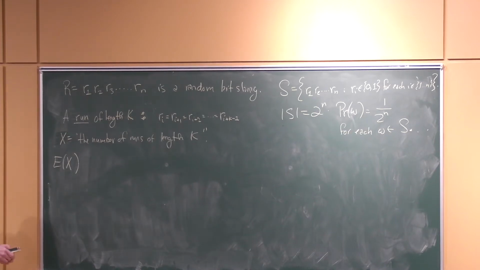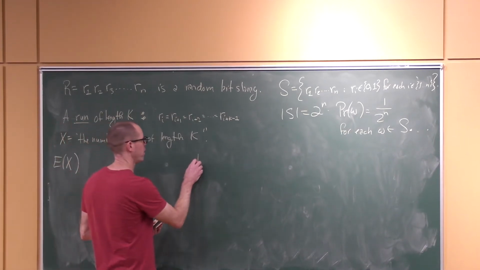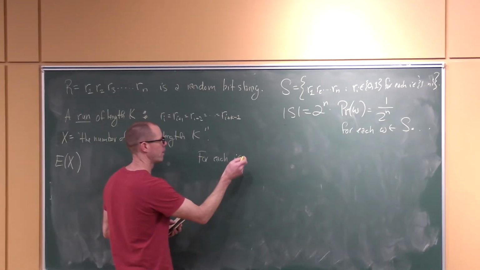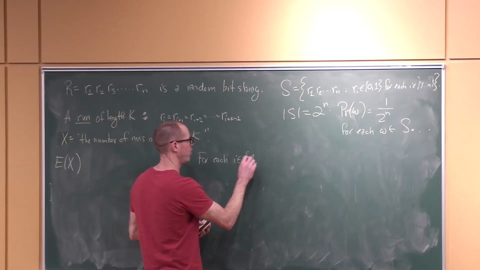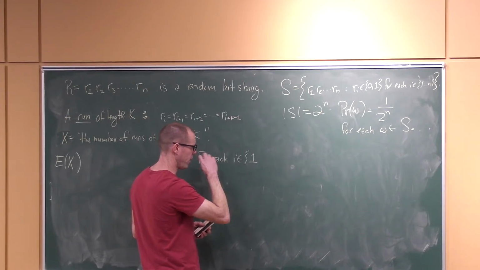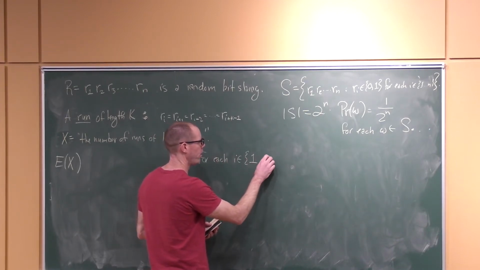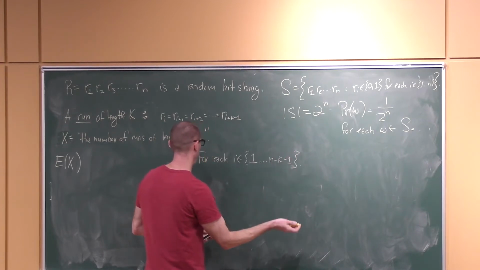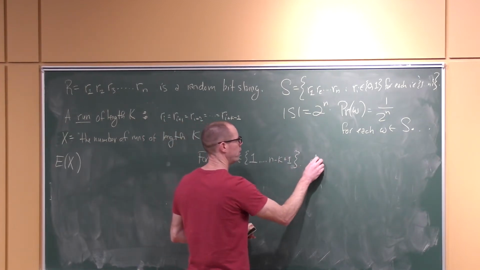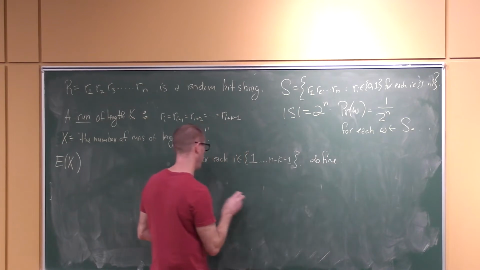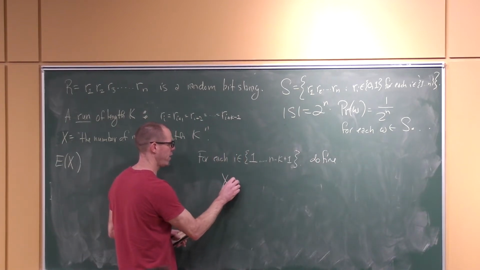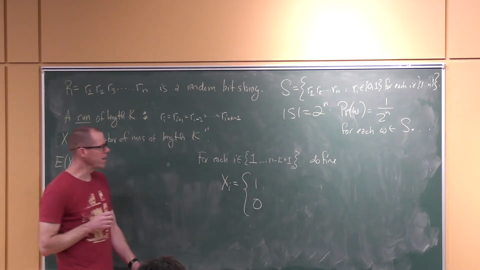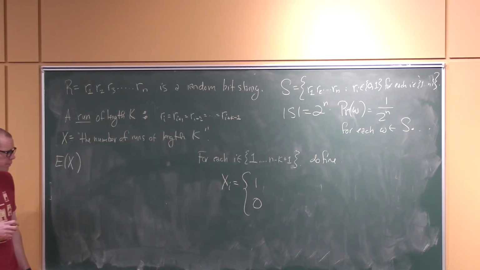So let's define, for each of these integers i from 1 up to n minus k plus 1, xi, which is equal to 1 or 0. So it's going to be an indicator random variable.